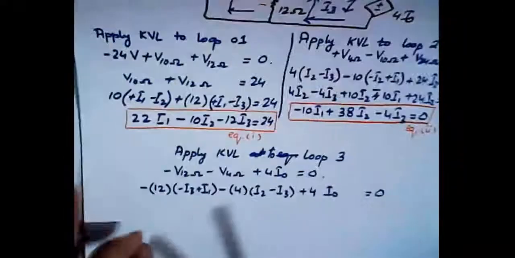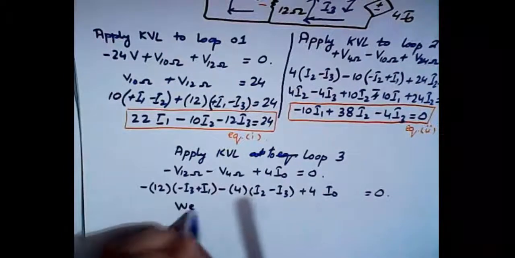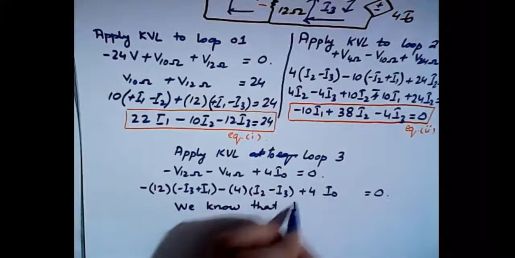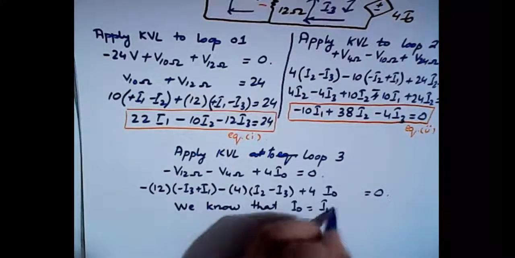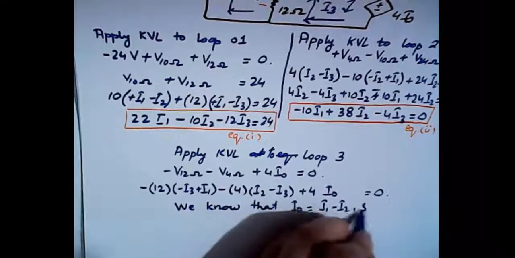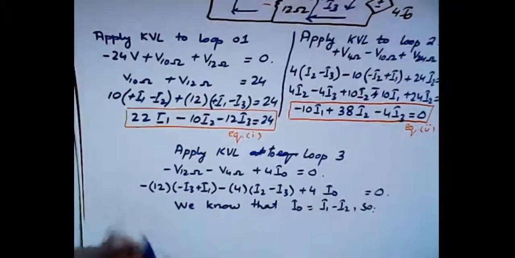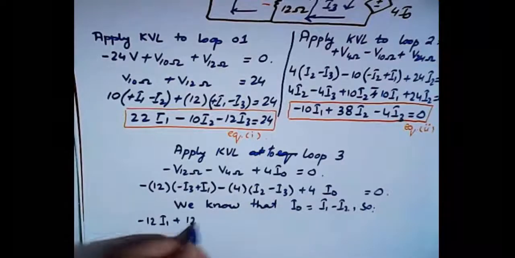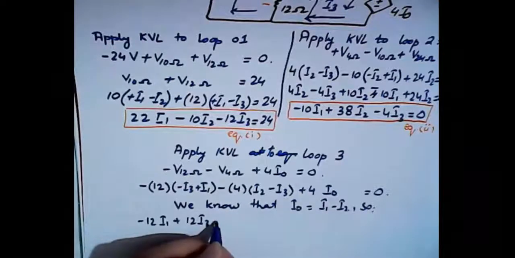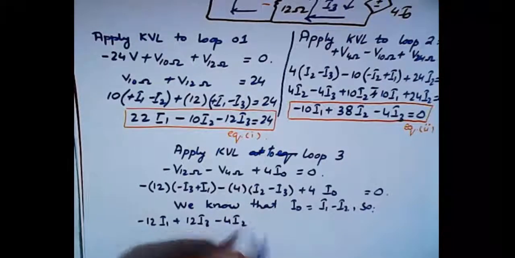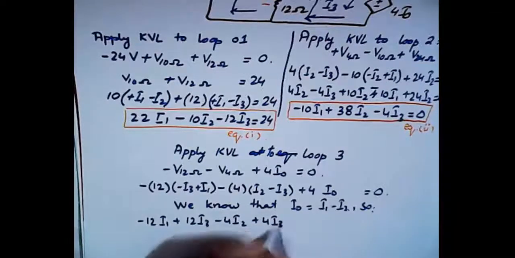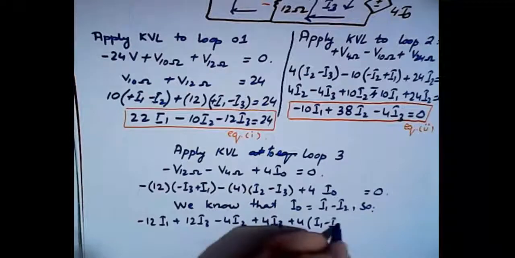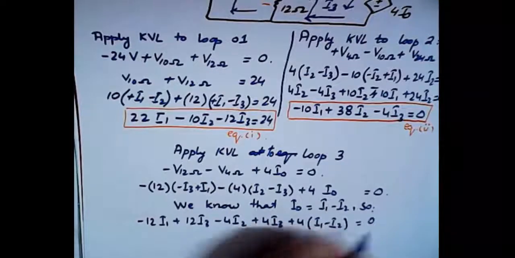We know that I0 is equal to I1 minus I2, so it will become minus 12 I1 plus 12 I3 minus 4 I2 plus 4 I3 plus 4 I1 minus I2 is equal to 0, right?